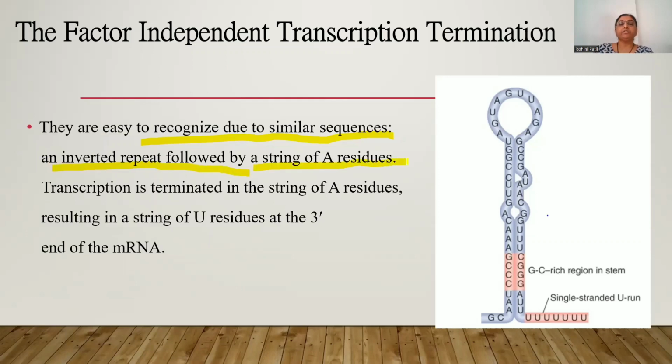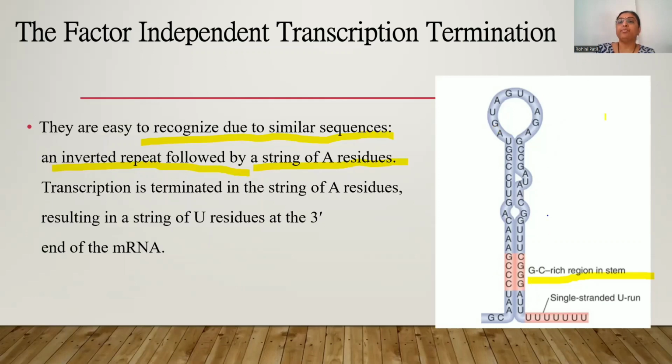When it is transcribed, on the mRNA it is a GC rich region, a stem.